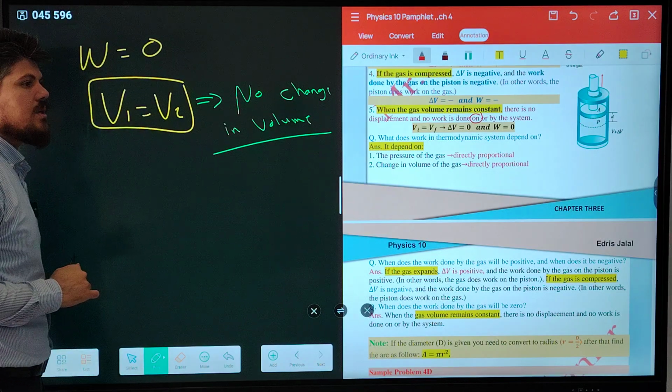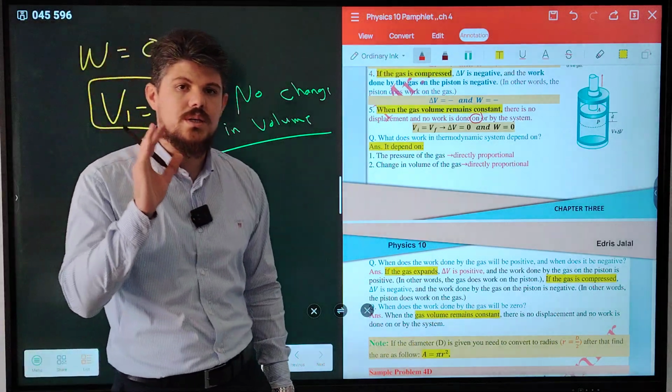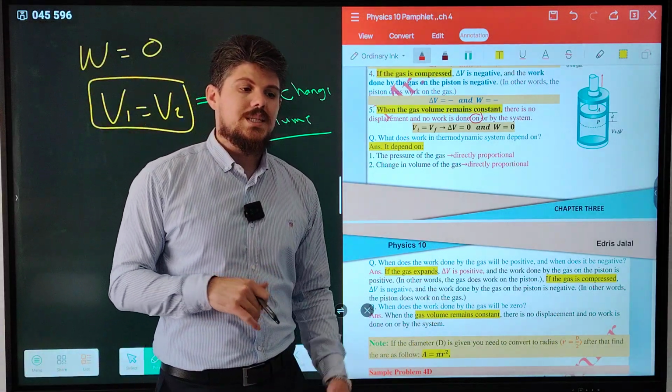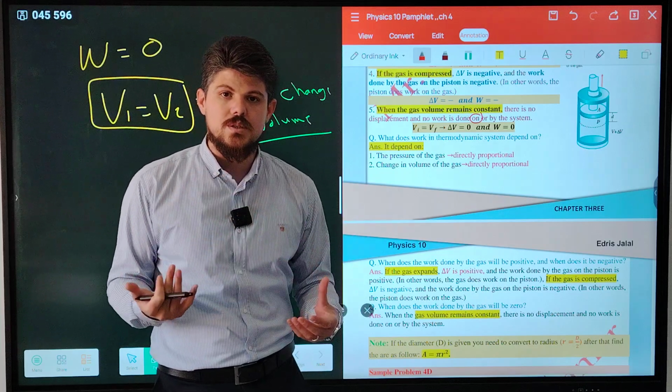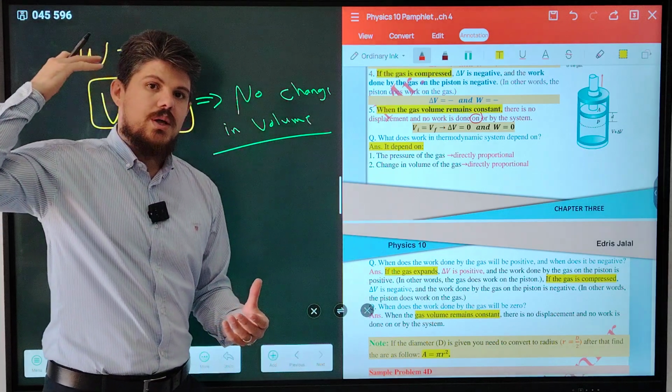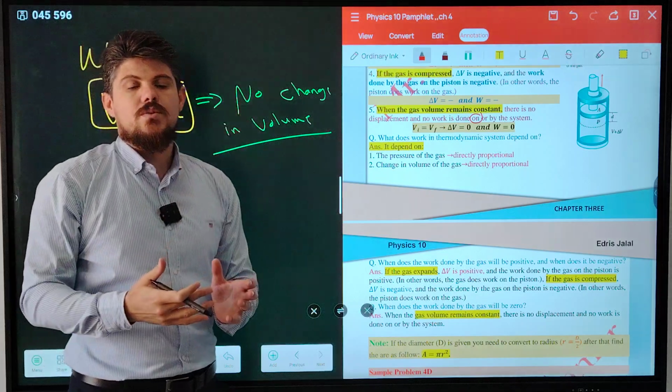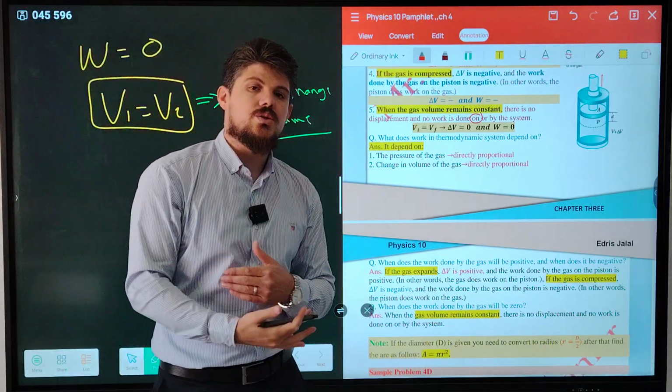For example, when a car is parked on a hot day in the summer, what happens to the temperature inside the car? The internal energy increases. Energy is transferred from the sun's light and enters the car.